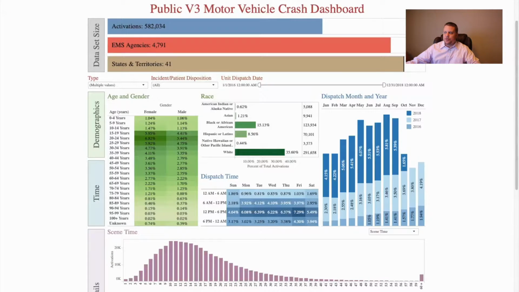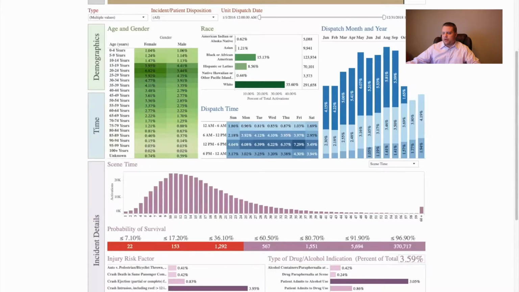So as we scroll through here, we have some generic demographic information. So we have some age and gender, race type information. We also have dispatch time, day of the week, and then dispatch month and year to reference.